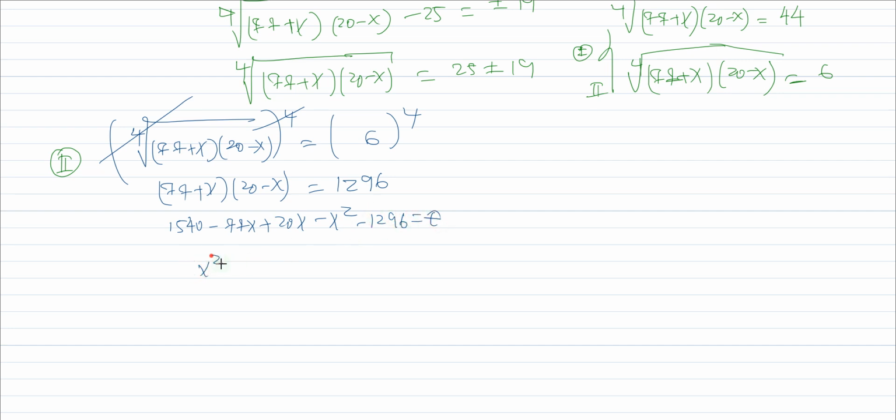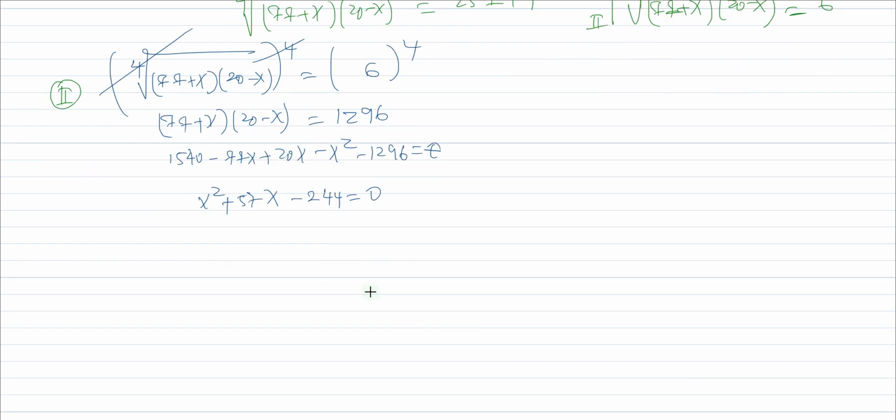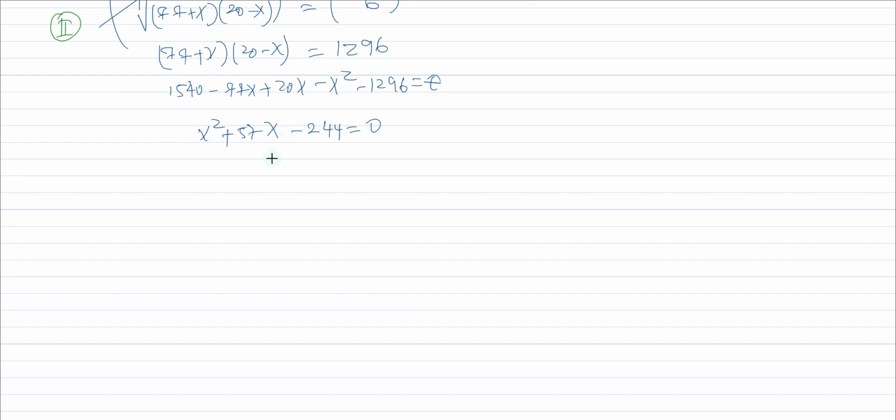Simplifying this, we're going to have x squared plus 57x minus 244 equals 0. So guys, this is the equation we have to solve.